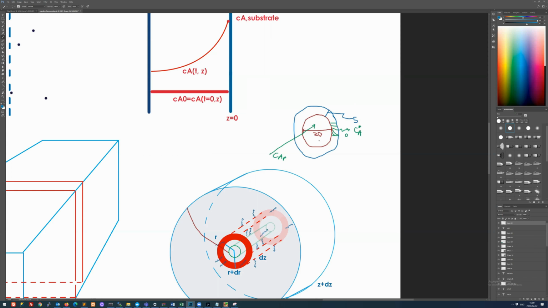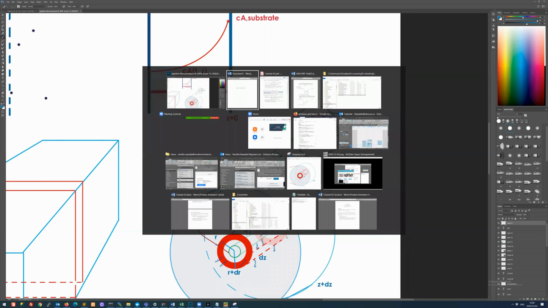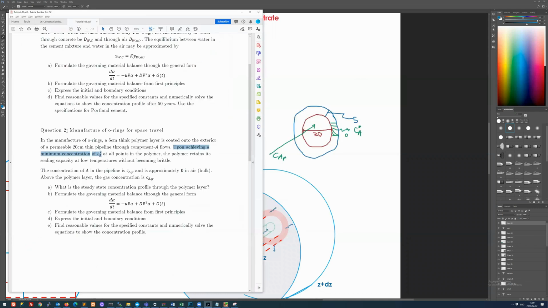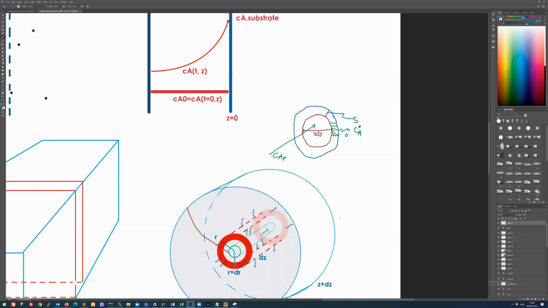We presume the next step will be for the manufacturer to take slices through that polymer, and then you form the O-ring. So remember, the problem says manufacture of O-rings. We are not modeling an actual O-ring. We are modeling a long pipeline, which is a polymer layer.